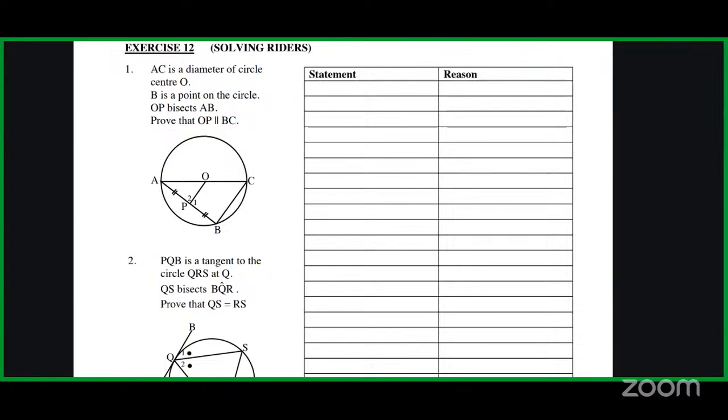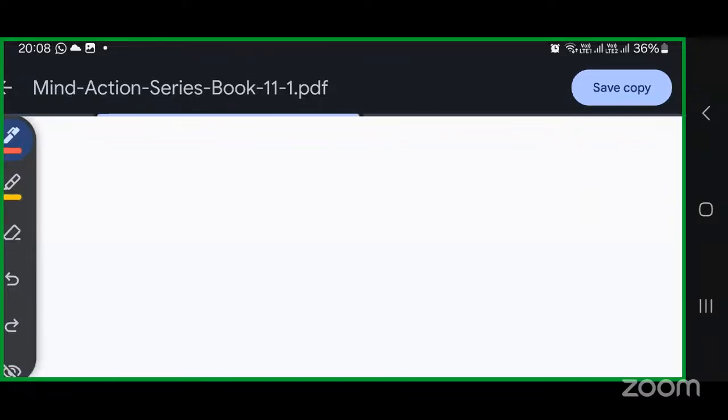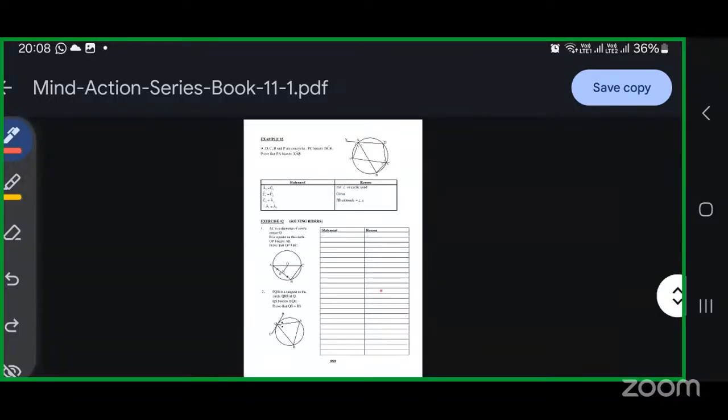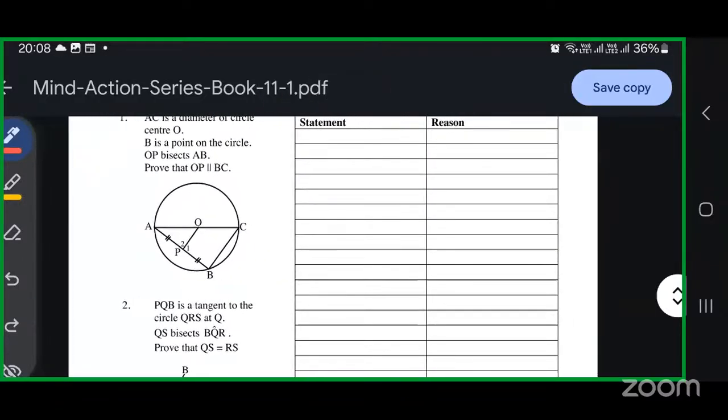Using the RCPT, we can just notice something here. There's a diameter. What does that imply? This implies that this is going to be 90 degrees. My paper is still loading. Okay, there we go.